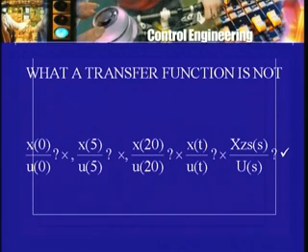The transfer function is a ratio of transforms, of Laplace transforms. It is not a ratio of output divided by input. Very often students will write in the examination paper, or when I conduct interviews and I ask what is the transfer function, this is usually the first response: it is the ratio of output to input. The student does not bother to think what he is saying.